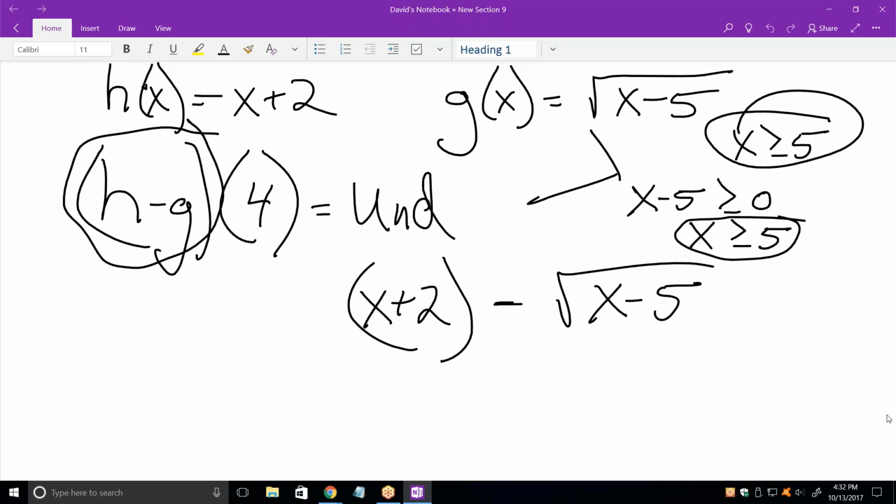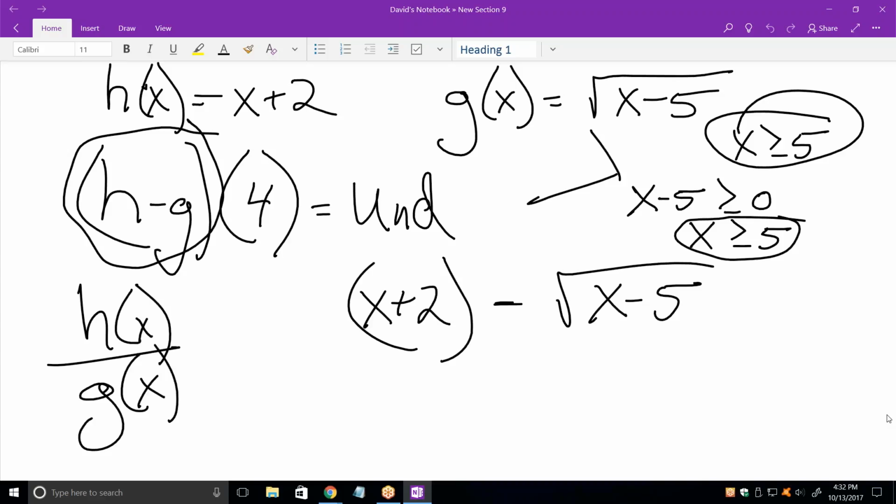That makes sense. I'm restricted to the domain restrictions of the original functions, always. Sometimes you'll pick up additional ones. For example, if they wanted to know what h of x divided by g of x is, well, now I've picked up an additional restriction. Not only does x have to be greater than or equal to 5, it's got to be greater than.